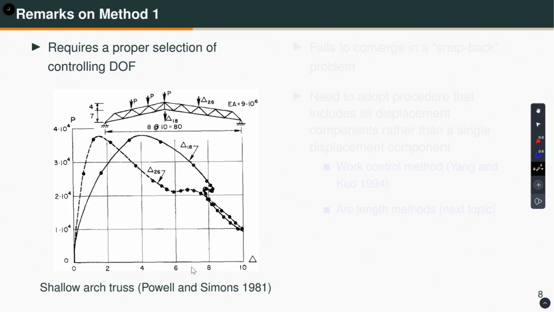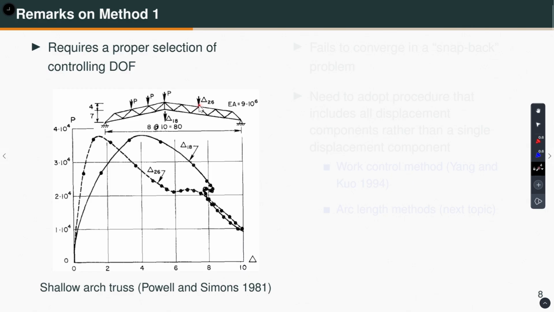Now, when the analysis was done by controlling the vertical displacement of this node, which is called delta 18, the solution was going like this, and it stopped here, failed to converge after that point. If you notice, something interesting is going on here. This is the solution after that step. It is called a snapback, which I will discuss more in just a little bit.